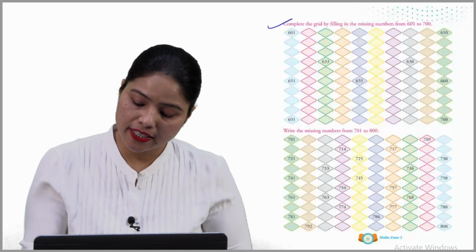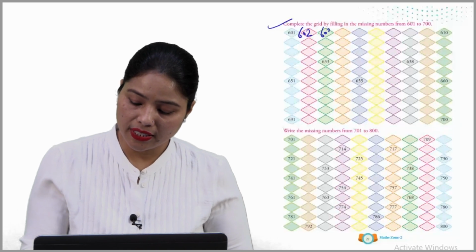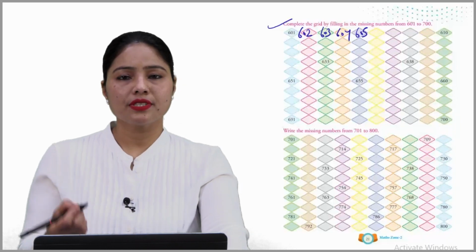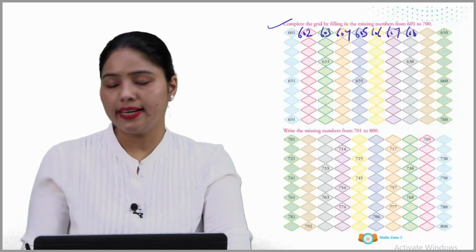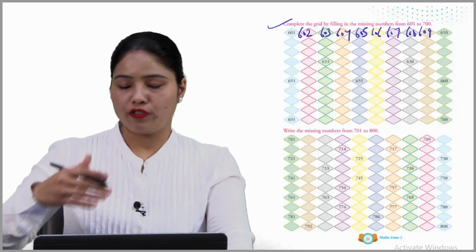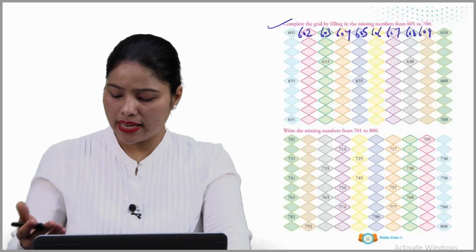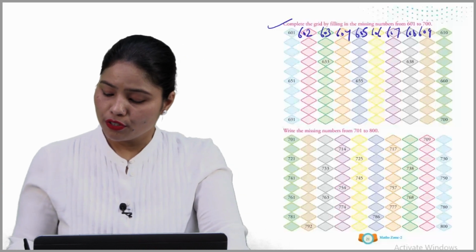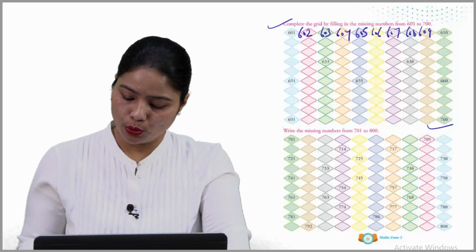So start with 601, then 602, okay, then 603, then 604, then 605 comes, after that 606, then 607, after that 608, then 609, then 610, then 611 you have to write, then 612, until it goes to 700. Okay, so this is how you have to fill by your own beta.